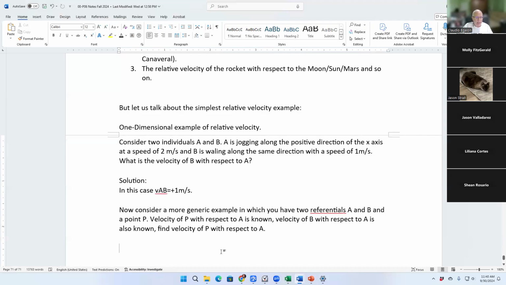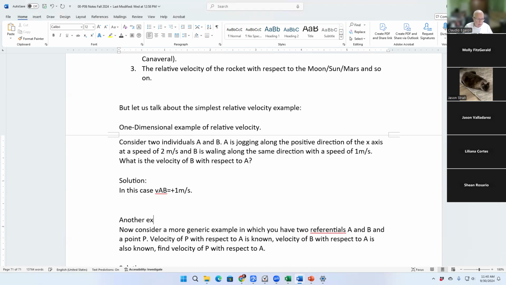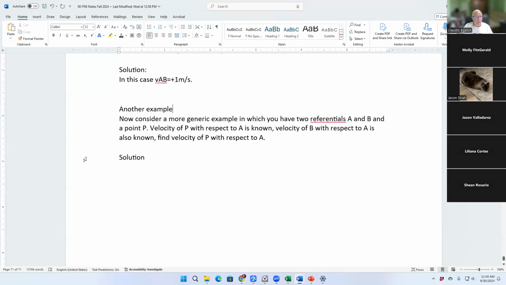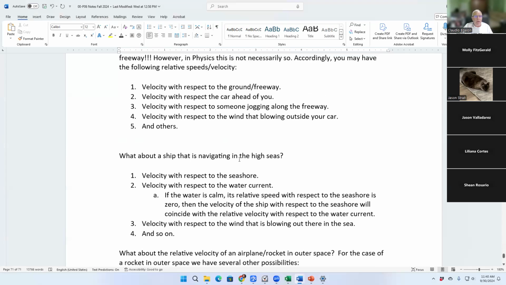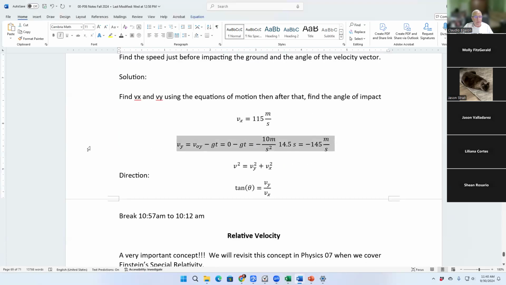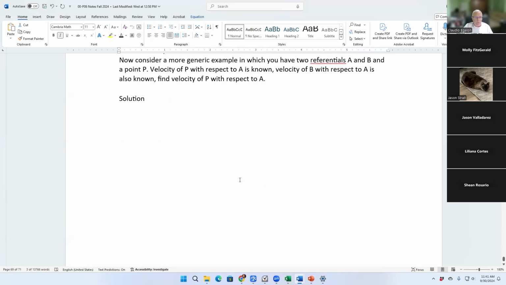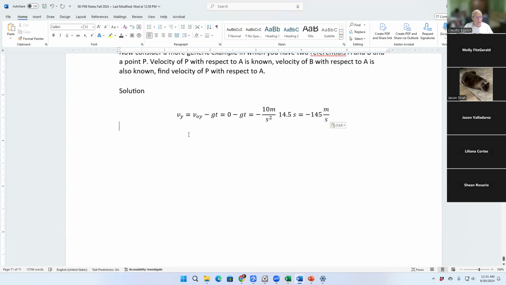So mathematically, it's like that. Solution. Another example. I'm just going to set up the problem. I'm not solving it yet. V of B with respect to A is none.